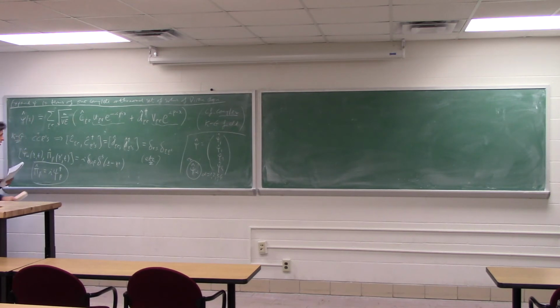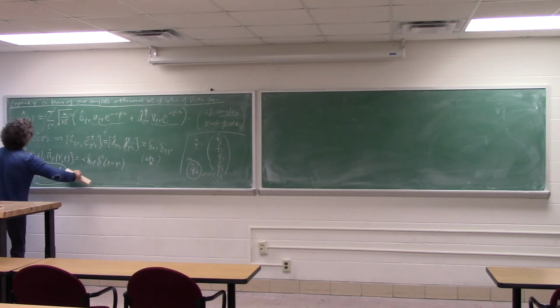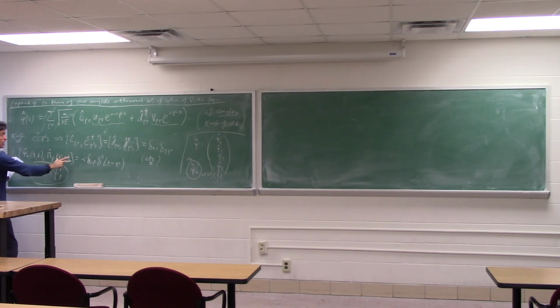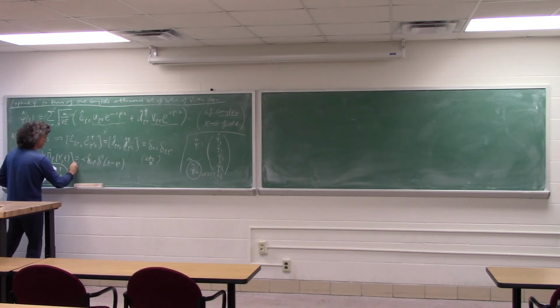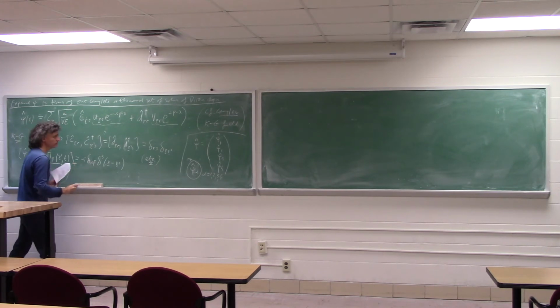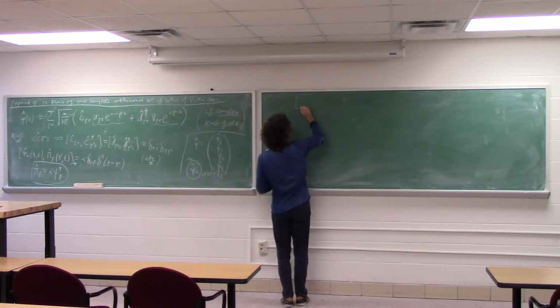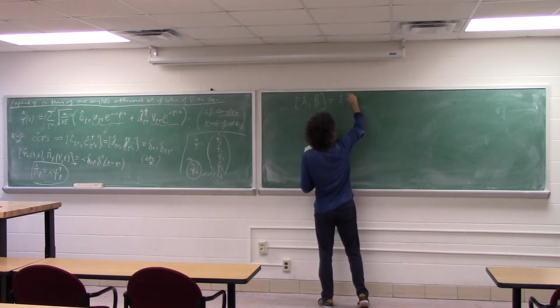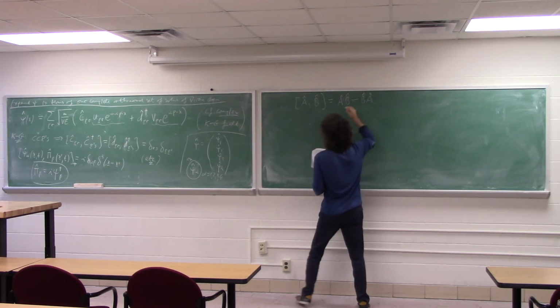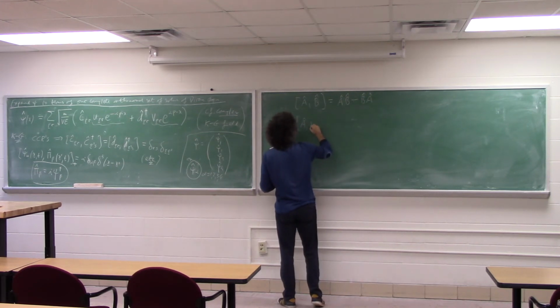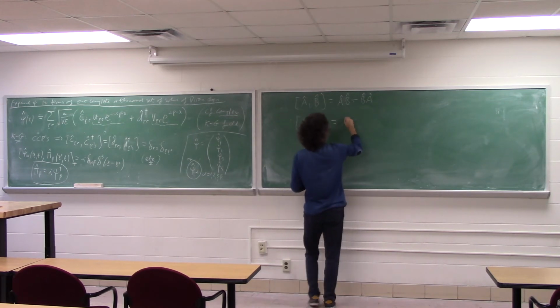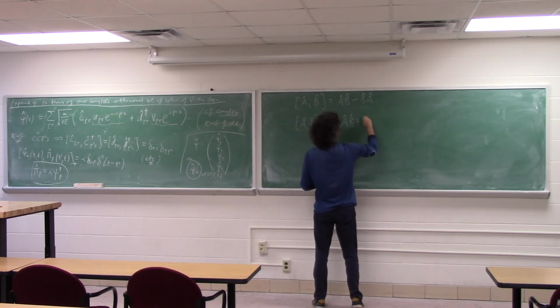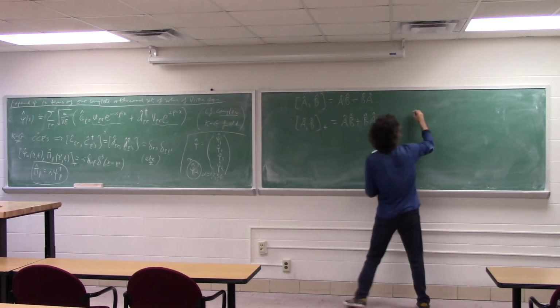The only change you have to make is to turn this canonical commutation relation, instead of having a commutator here, into an anti-commutator. A commutator of two operators is AB minus BA, and the anti-commutator is AB plus BA.